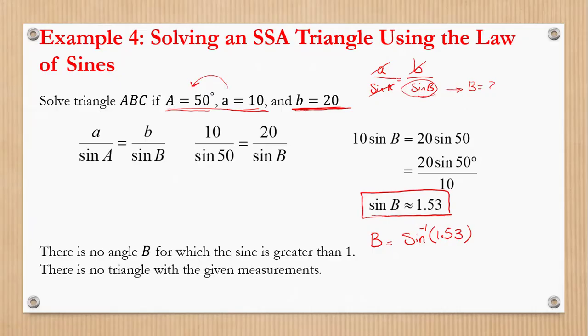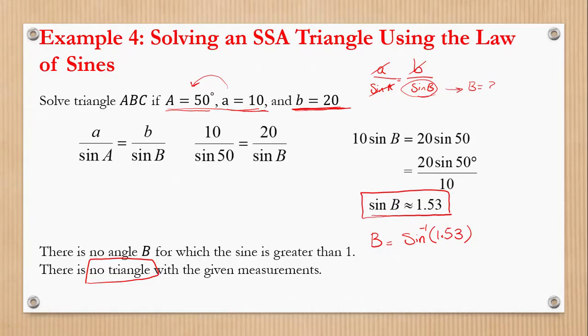This is the case where we say there is no triangle. So anytime for sine and cosine you get an answer more than 1, remember you don't have any triangle. That's a no solution case.